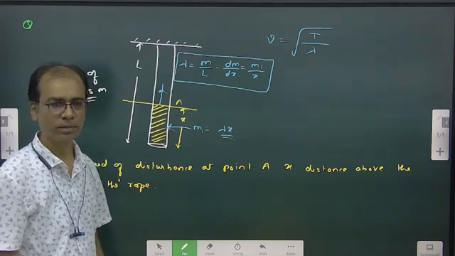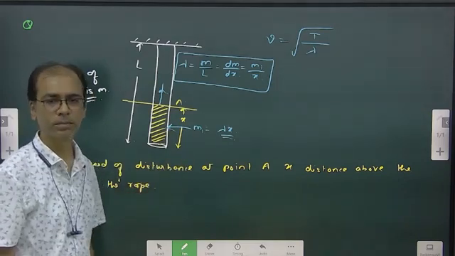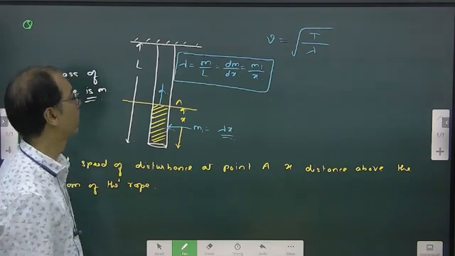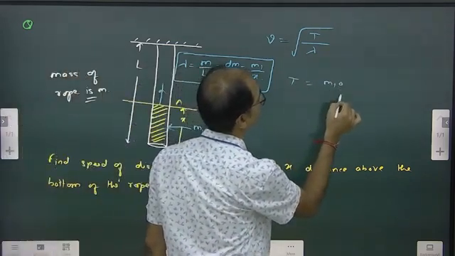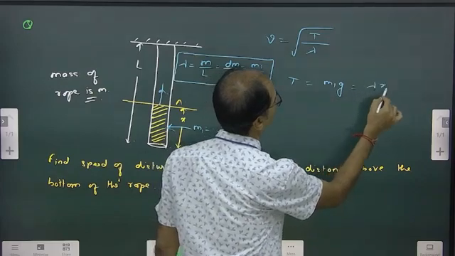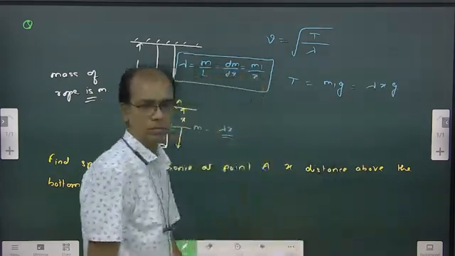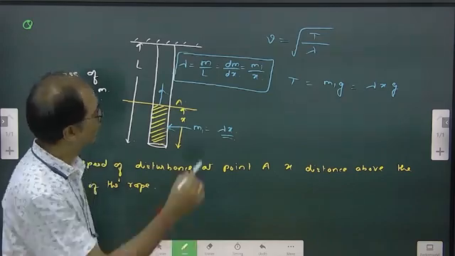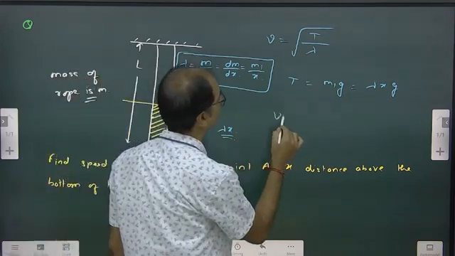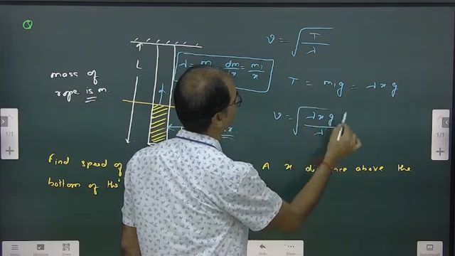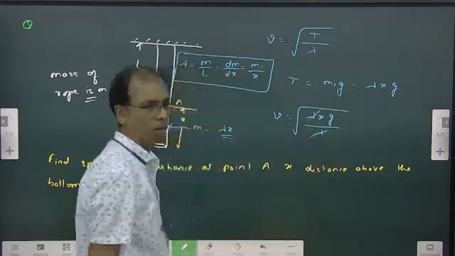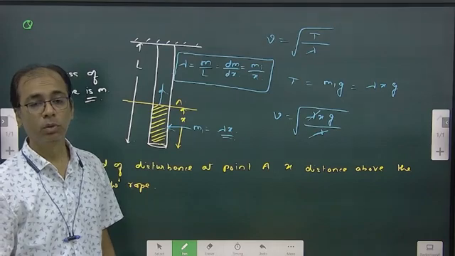We know that. So m1 is what? Lambda x. So tension will be what? Tension will be m1g, that is lambda xg. Let's put it over there. So V equal to root of lambda xg by lambda. Lambda cancelled. So V equal to root xg.